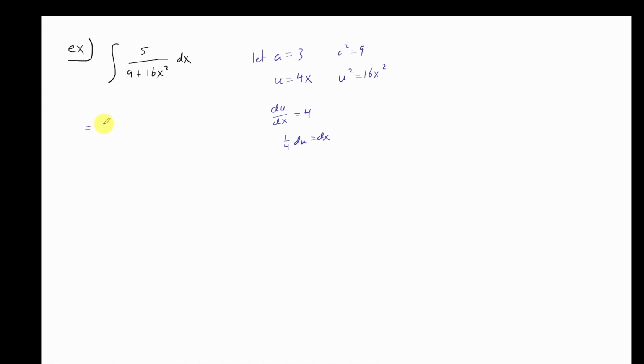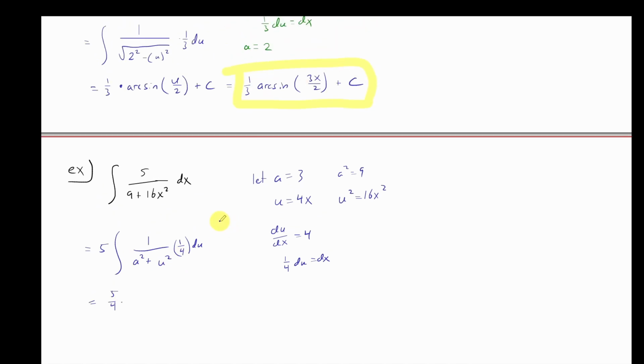So the 5, I'm going to factor out of the whole integral. 9 is a squared. 16x squared is u squared. And the dx is 1/4 du. So now I'm integrating 1 over a squared plus u squared du. The 5 and the 1/4 are constant multiples.